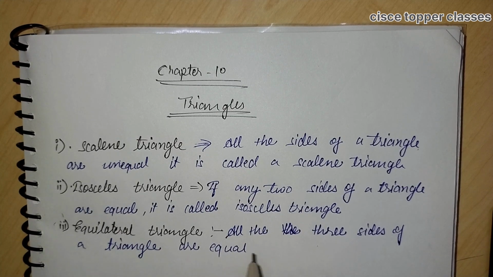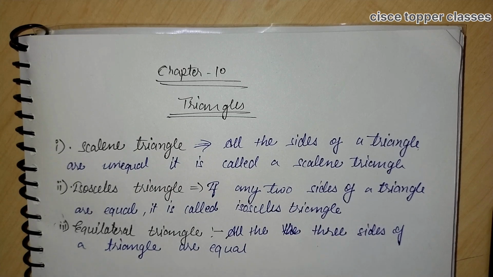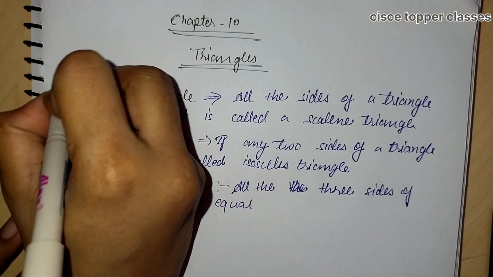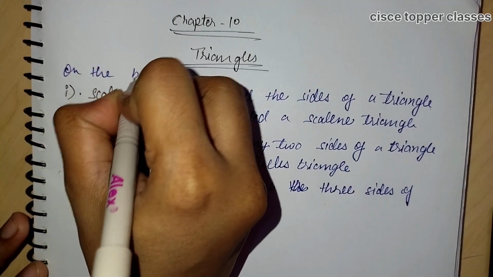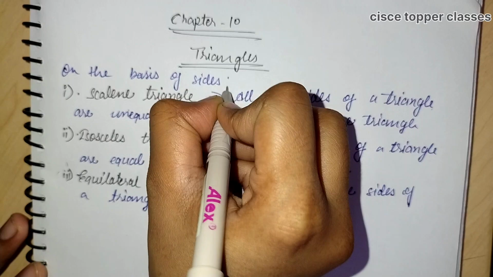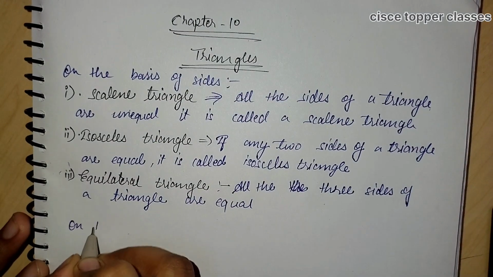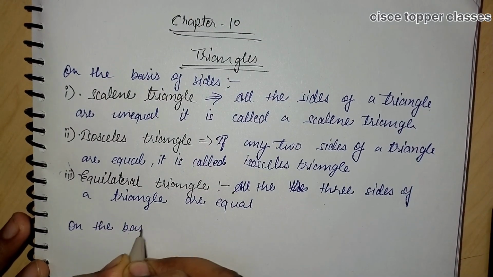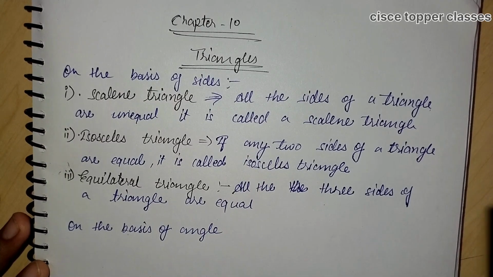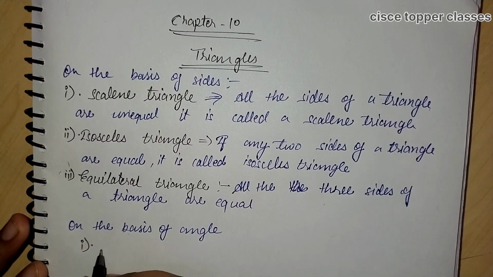Now, there are also types of triangles on the basis of angles. This is on the basis of sides, and the second type is on the basis of angle. On the basis of angle, we have the first type as the acute angle triangle.